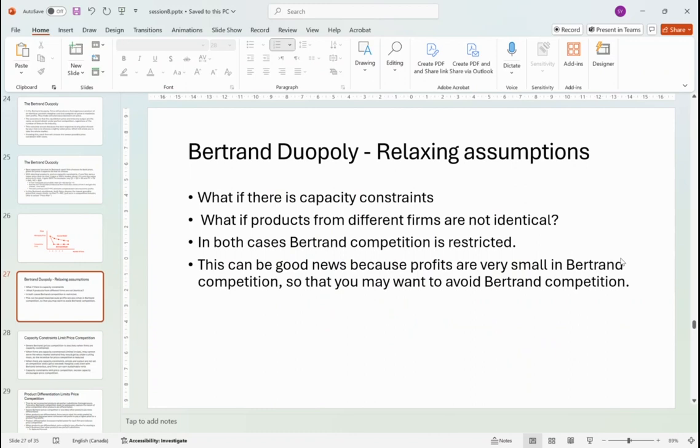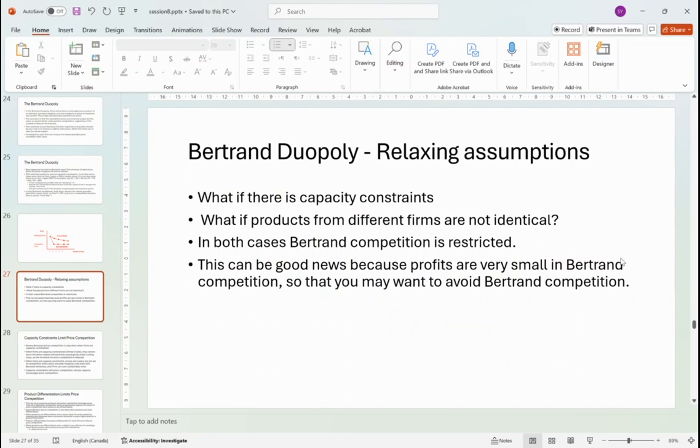The first assumption we can relax is, what if each firm has some capacity constraint? That means by undercutting the price, they are not practically able to produce and cover the entire market, right? If each firm is not able to produce and sell for the entire market, then they are not able to keep undercutting the price until marginal cost, right?